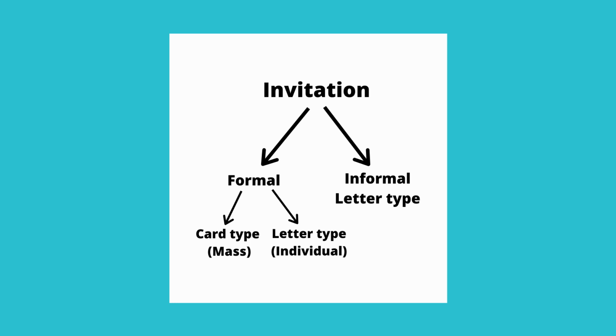You want the same card to be used to invite so many people. So that's where the card type is used. And the card type invitation is basically center aligned. Suppose this is the box, so in the center we have to write. That's how it is center aligned.